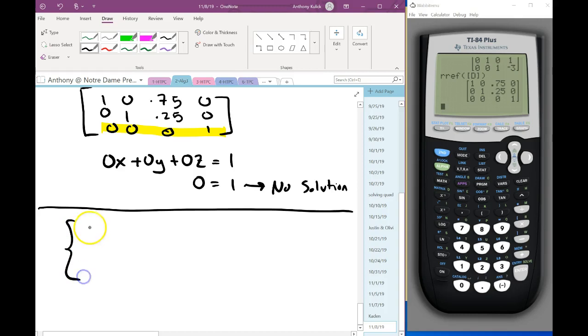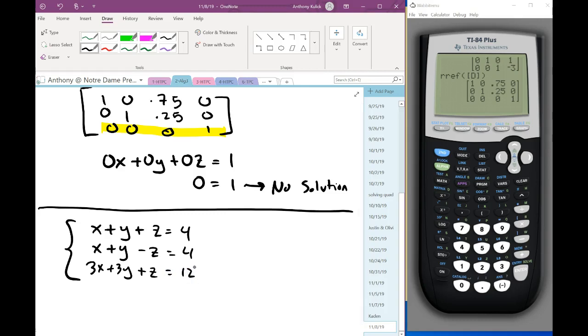So now let's look at this system. This is an infinitely many solution situation. Yes.